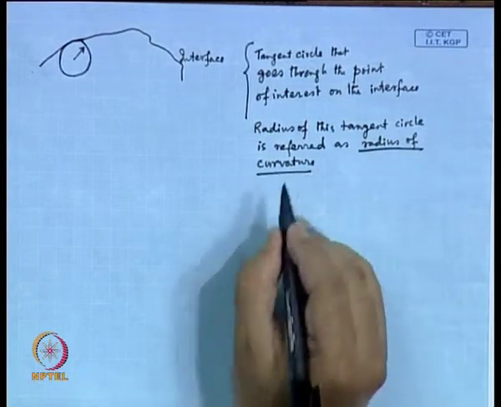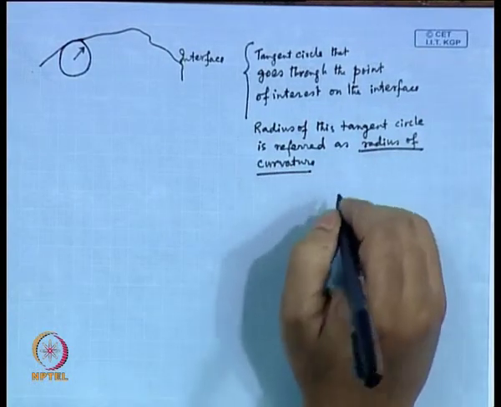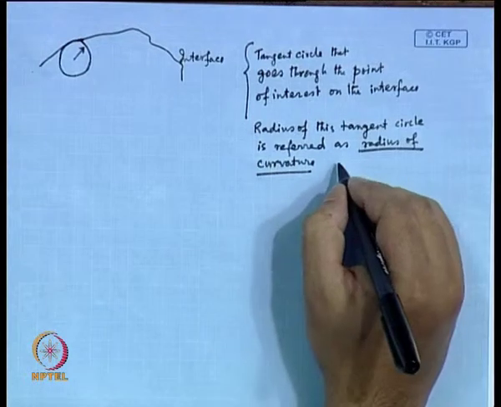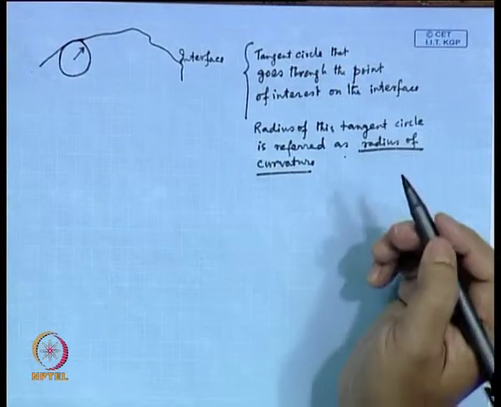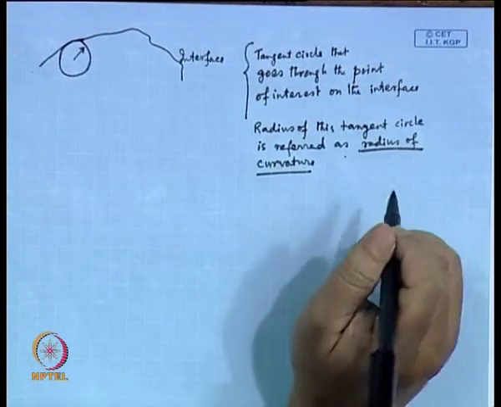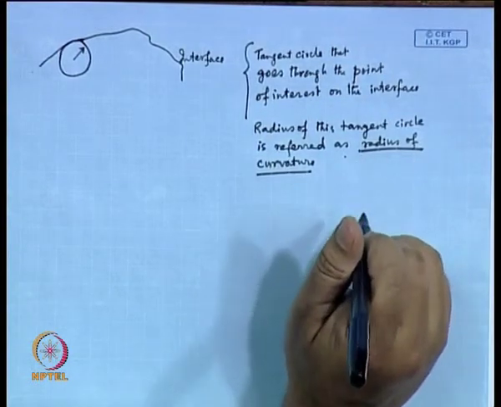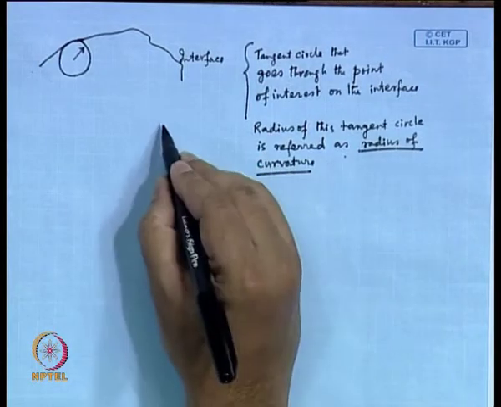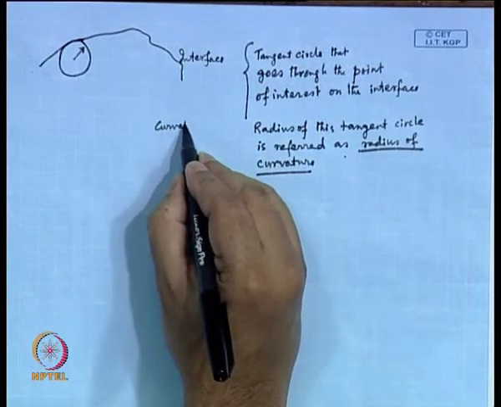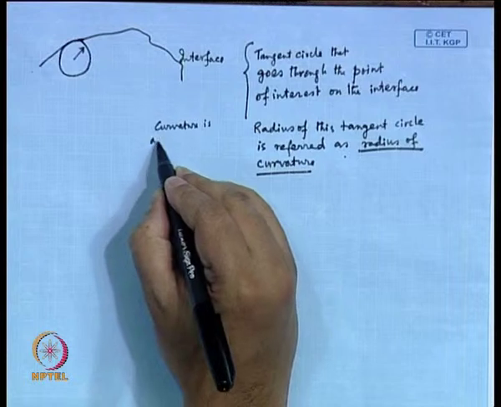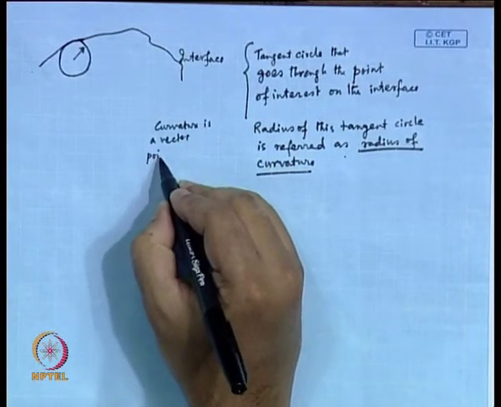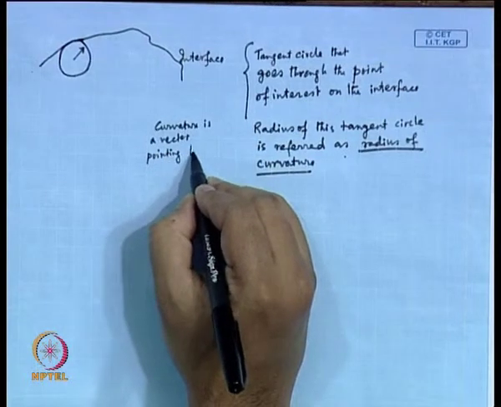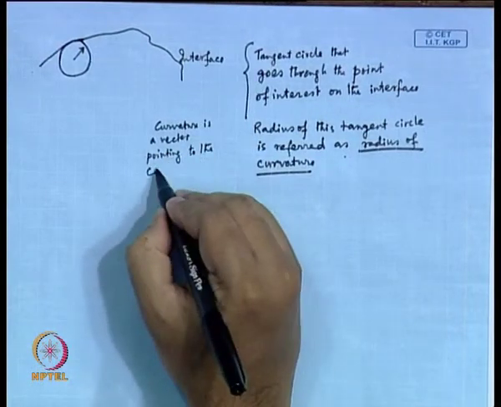First of all, this is a vector. So, curvature is a vector pointing to the center of the circle.